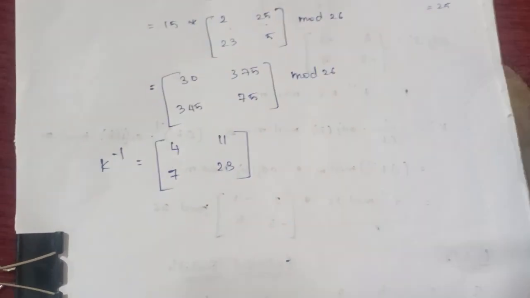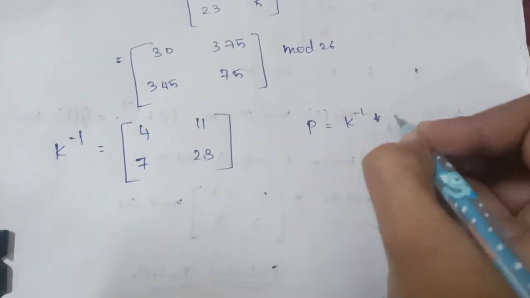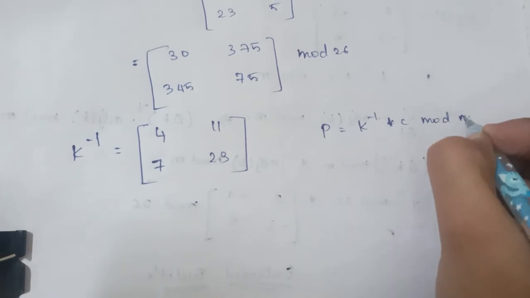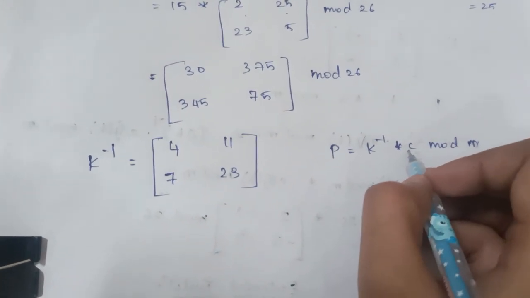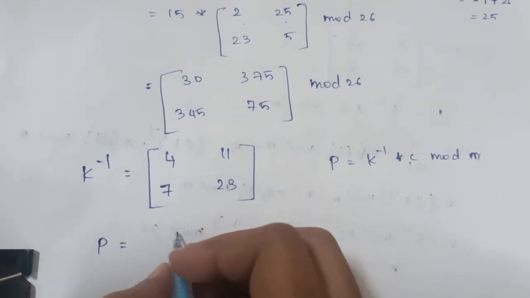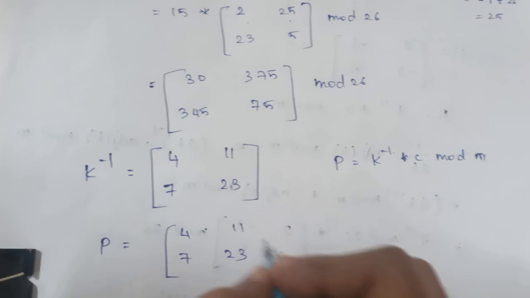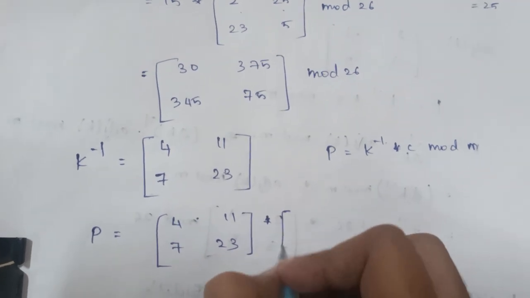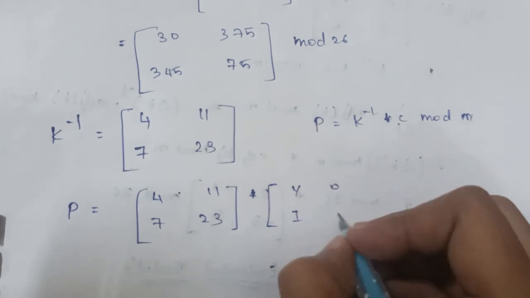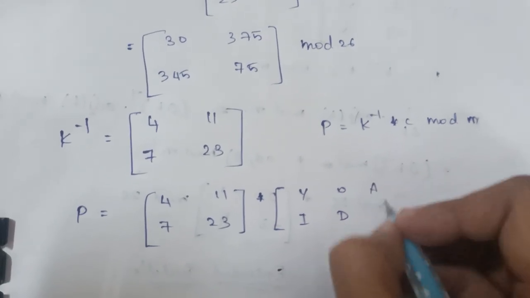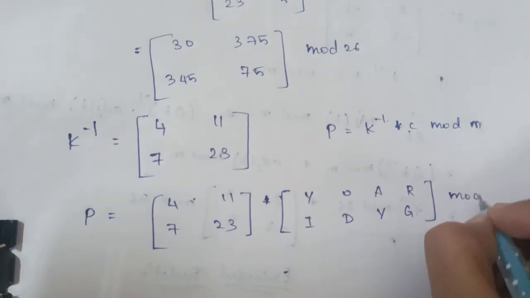We still have the part P is equal to K inverse into C mod M. We need to multiply this K inverse with C. What is our C? K inverse is 4, 11, 7, 23, and the ciphertext C is nothing but Y I O D A Y R G mod 26.